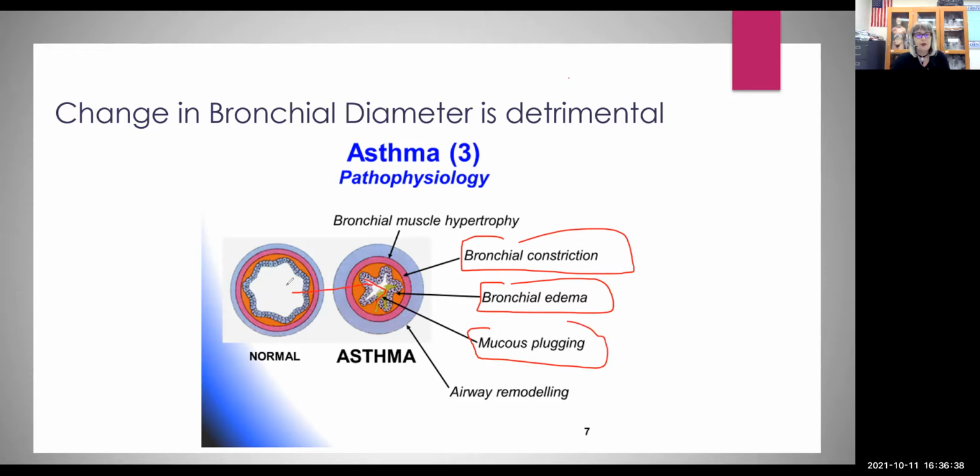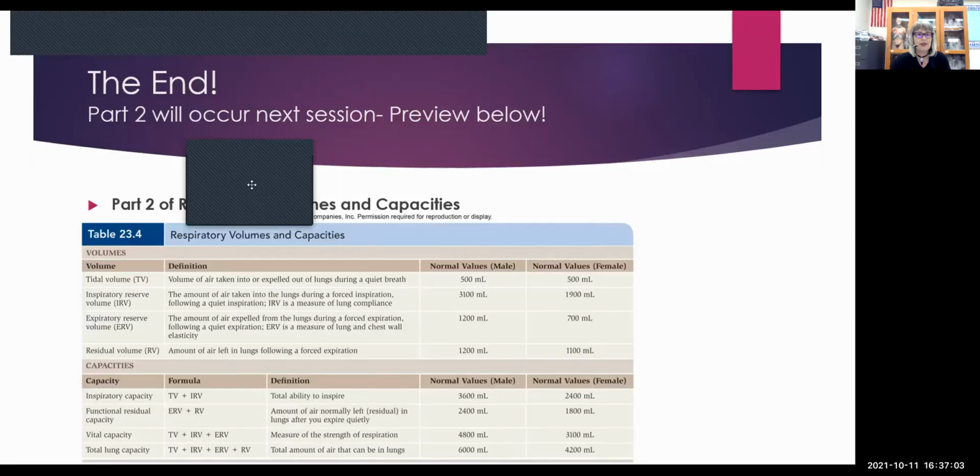So that is a huge problem, and therefore all four sites are going to be a problem: ventilation, external respiration, less transportation of oxygen, and less internal respiration, which creates a problem. Not all the tissues are getting enough oxygen, and that is a huge issue. All right, so I wanted to show you that before we end our presentation.